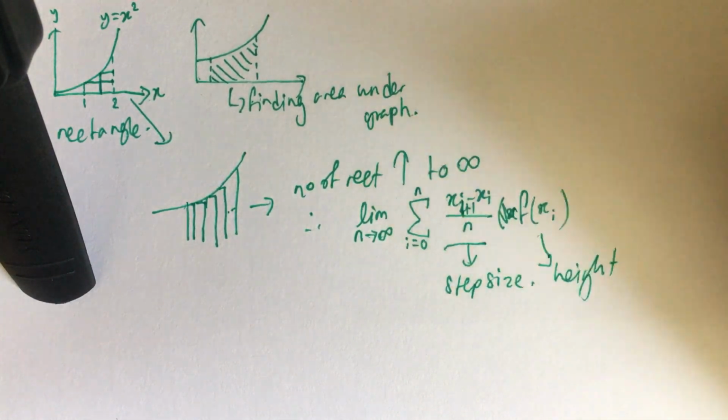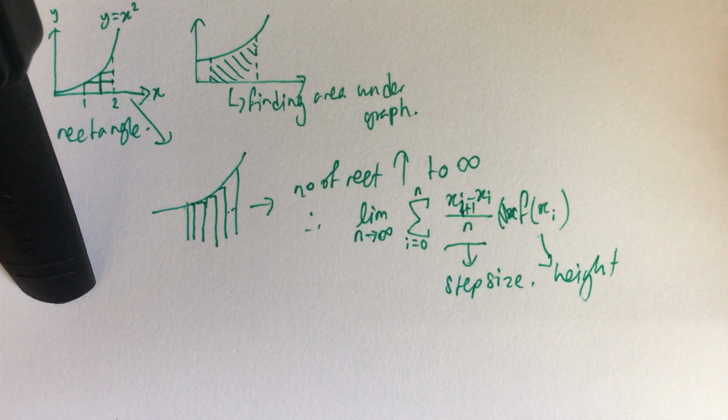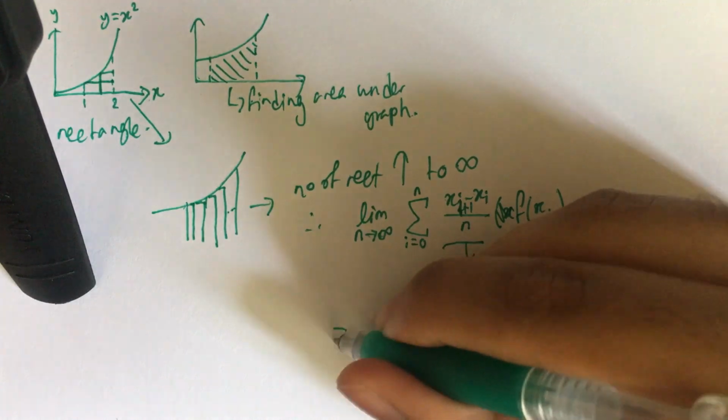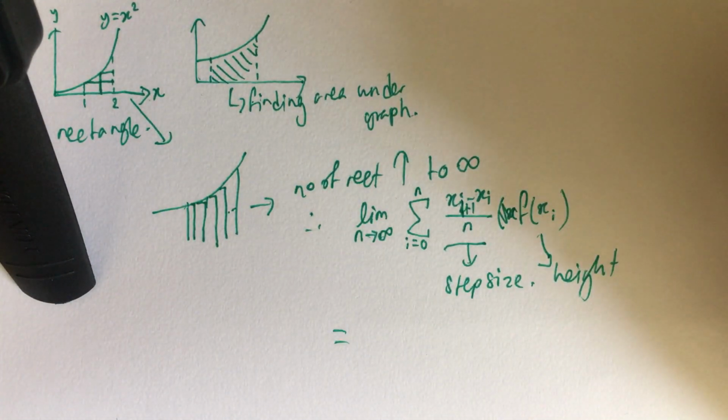The very first one will be 1, and as you keep going, the height will keep increasing until 4.